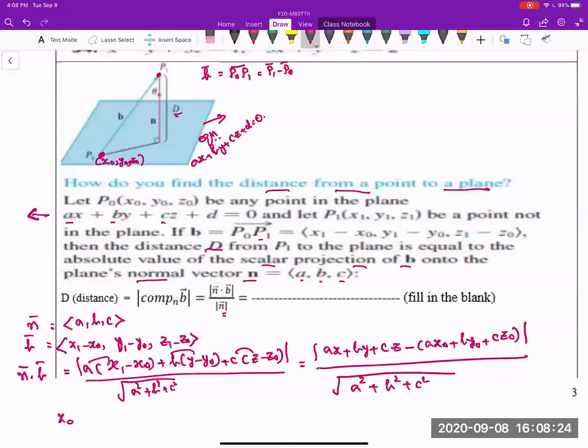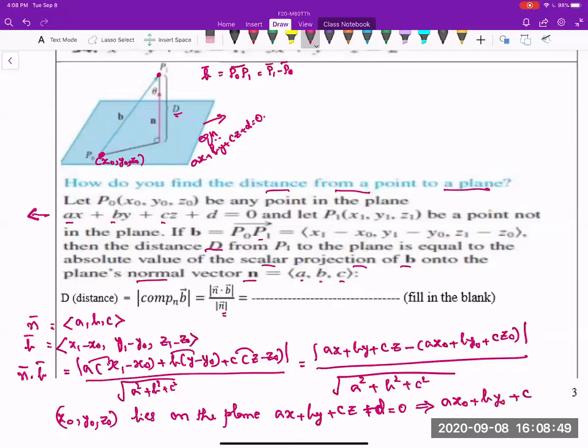So x0, y0, z0 lies on the plane ax plus by plus cz plus d equal to 0, which means ax0 plus by0 plus cz0 plus d equal to 0, or ax0 plus by0 plus cz0 equal to negative d.